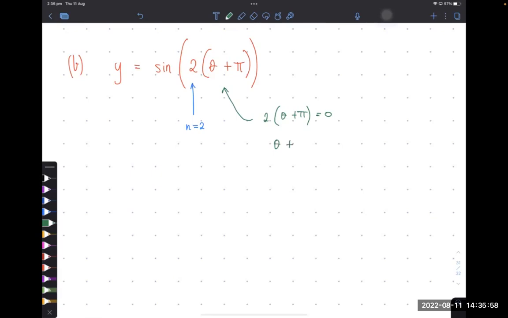If I divide everything by 2, that disappears, yeah? And then theta equals negative pi. So what does that mean? Yes, we're translating to the left by pi.